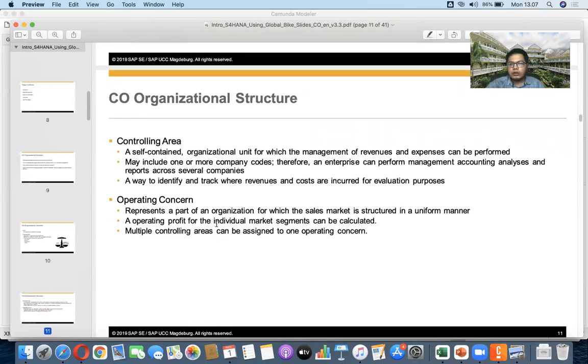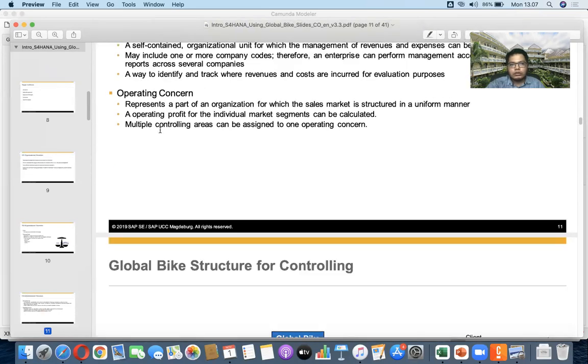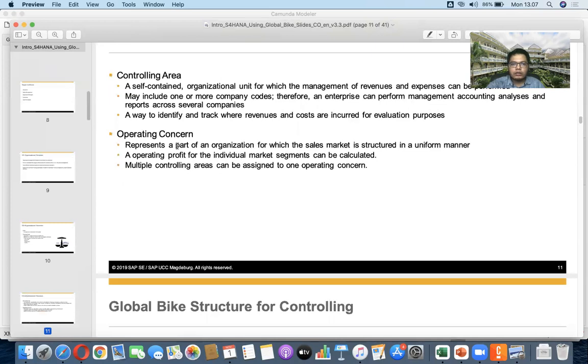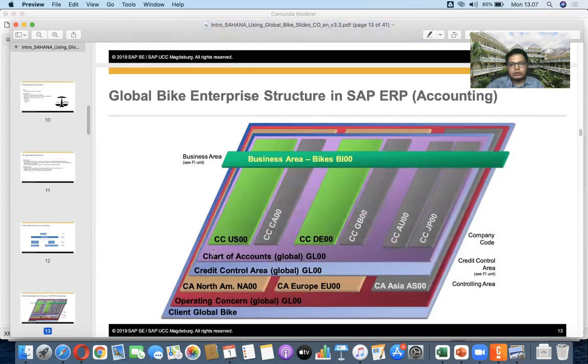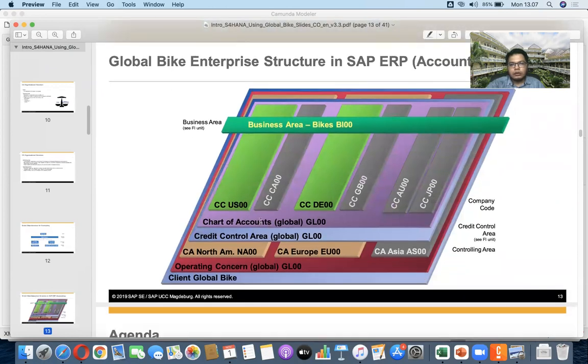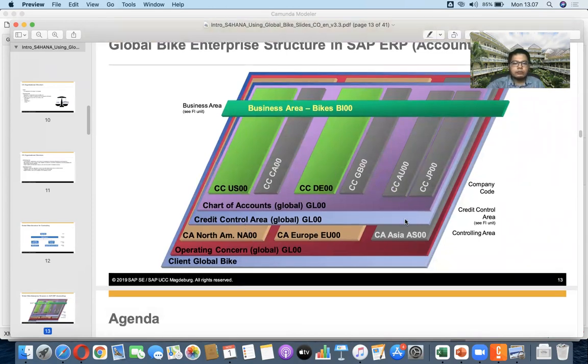Controlling area and operating concern are what's different. Perhaps this is the policy for each controlling area and operating concern. As you can see, mostly it is similar to the previous financial module, so it uses the same policy.